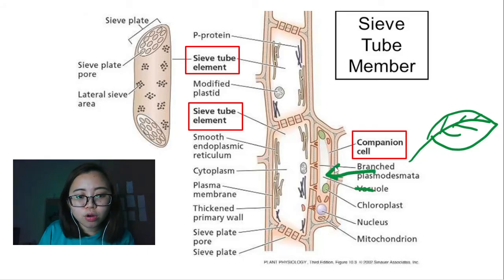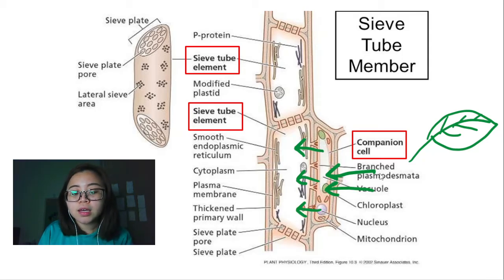Bila dia sampai kepada companion cell, akan berlaku active transport. Active transport of organic compounds occur and they are transported into the sieve tube. Semua gula, bahan-bahan hasil-hasil fotosintesis akan masuk ke dalam sini.